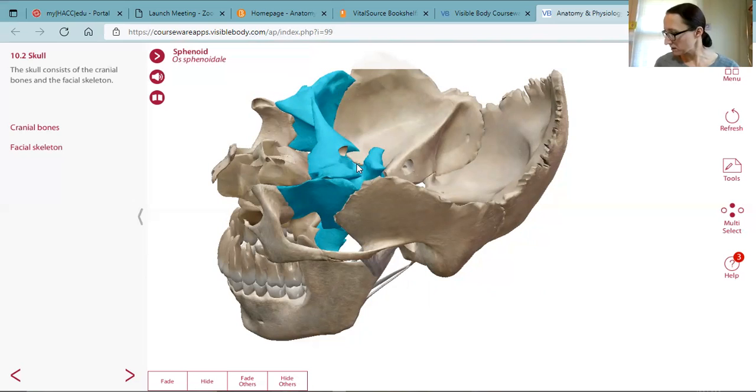I don't think it is. The sella turcica is called the Turkish saddle. That's where the name comes from. And this little bit of bone, this little indentation of bone here, actually holds your pituitary gland, which of course is part of your brain.